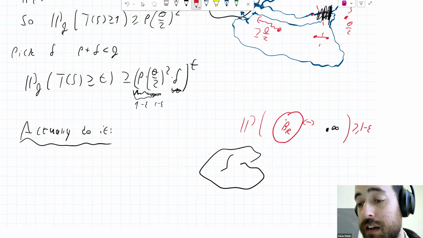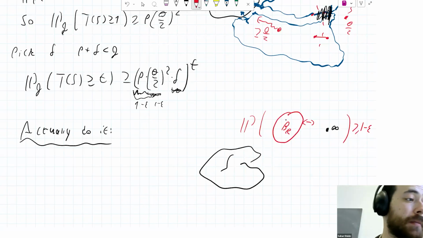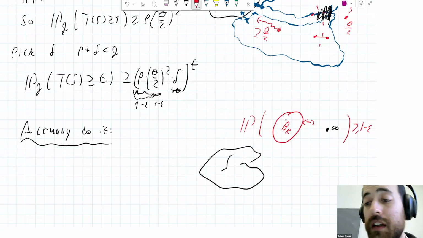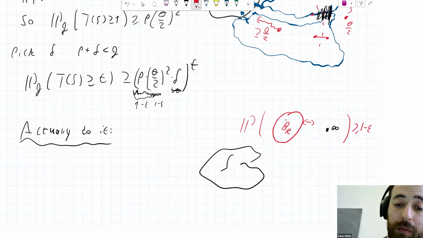So for large enough R, it will be 1 minus epsilon. And this is the only place we use transitivity. Any graph that you give me that satisfies this property, the proof will work for it. Okay.